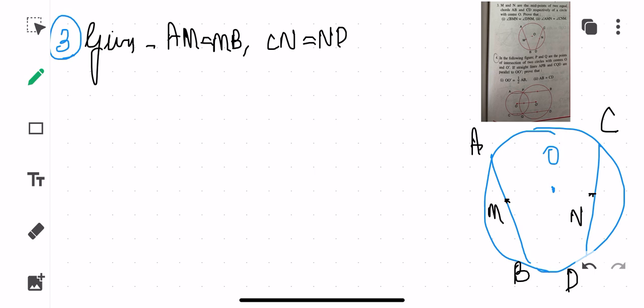Okay, so these are the two things that have been given already. Now I'll be writing the next thing. Is there anything given of two equal chords AB and CD? So AB is equal to CD.